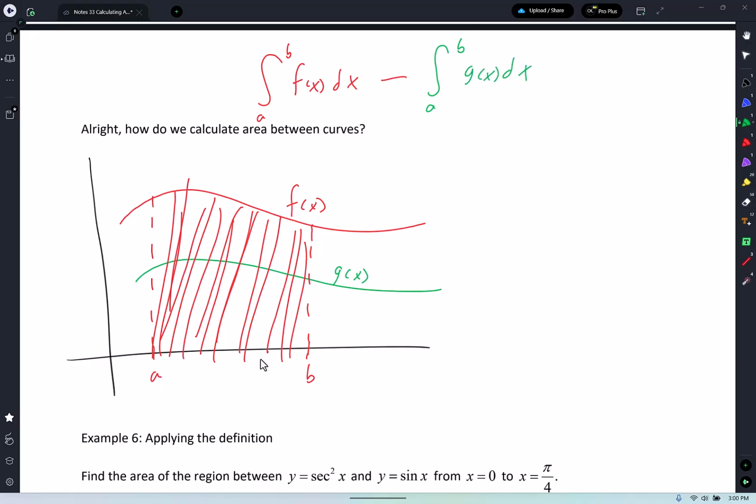That will give us all this in green. If I take the red area and I subtract the green area, I will get this in purple. The area between those two curves. Do you guys agree?